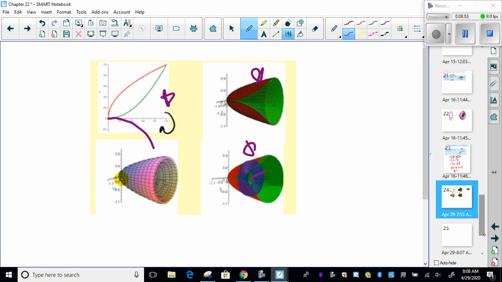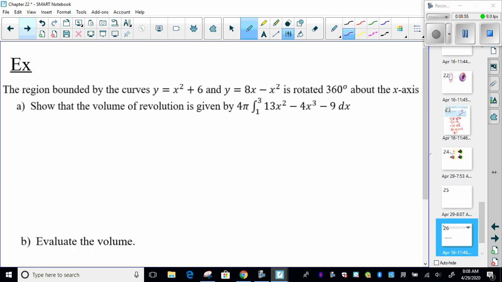Okay. So in this next example, this is a very typical type of problem that you would see, where you're looking at the region bound by curves. I have these two graphs. Part of this is being able to sketch these graphs out and knowing what they look like. I know this one opens up. I know this one opens down because this is just y equals negative x squared plus 8x.